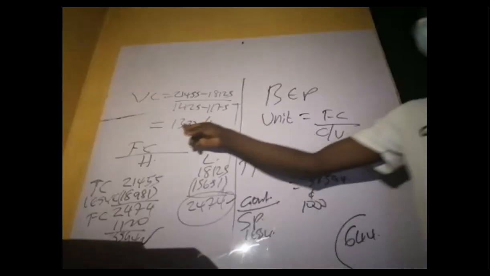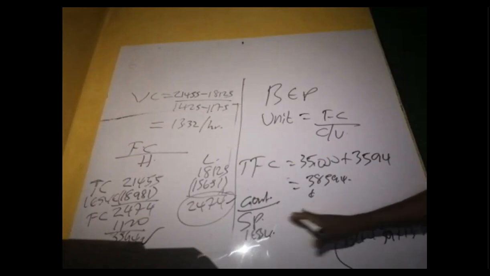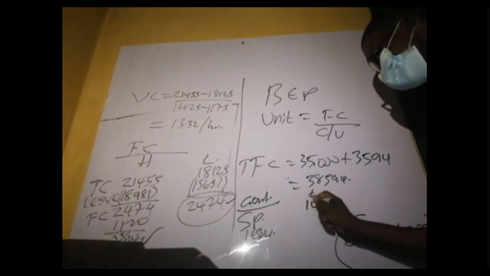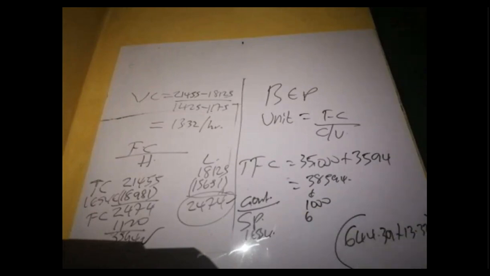We had 13.32. Okay, so 644.39 plus 13.32. So that's the total variable cost. And that'll give us something like 657.64.